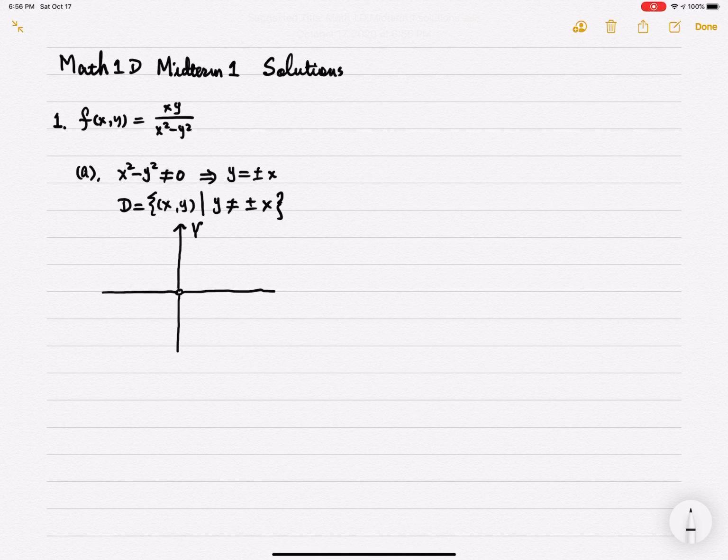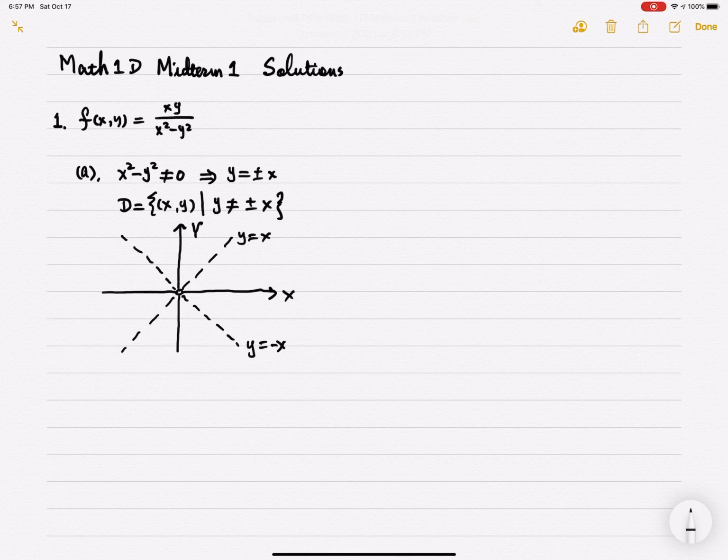So this is the y axis, this is the x axis. First of all, we draw y equal to x, that's this line, and y equal to negative x. So that's like this.